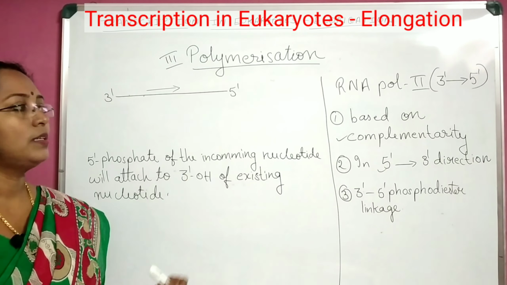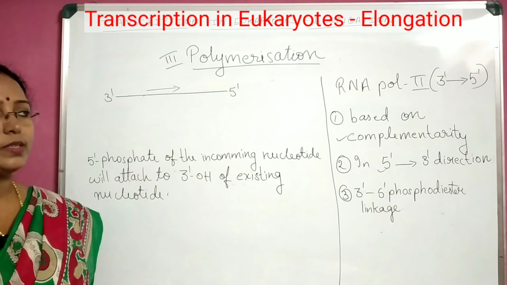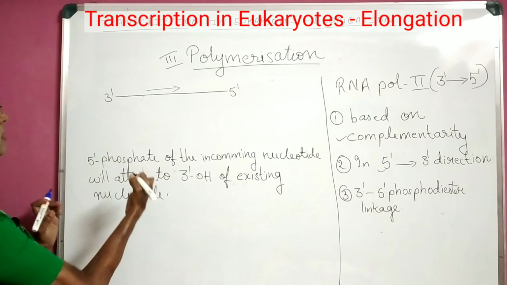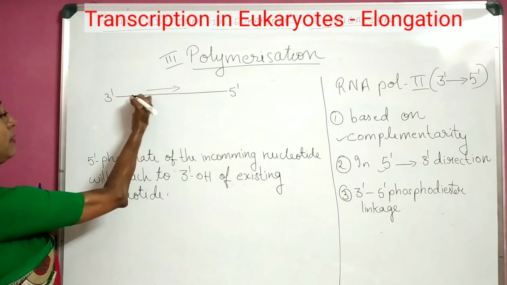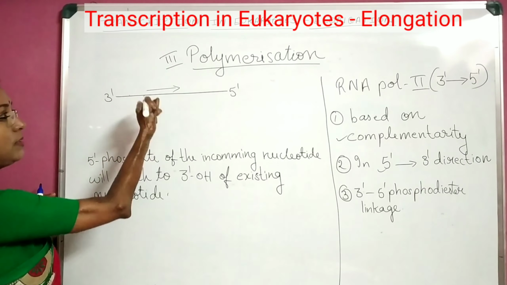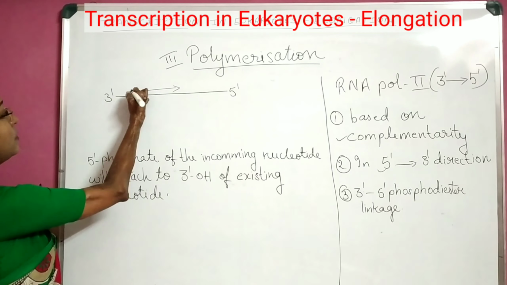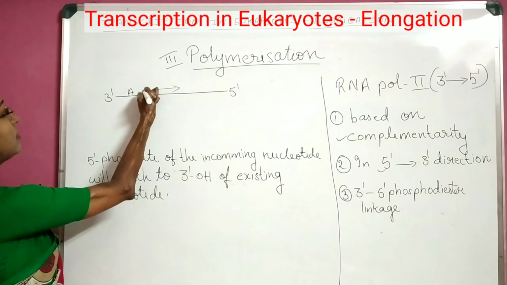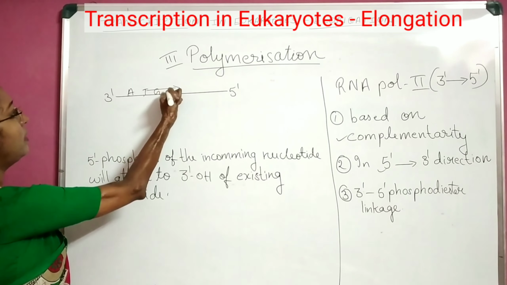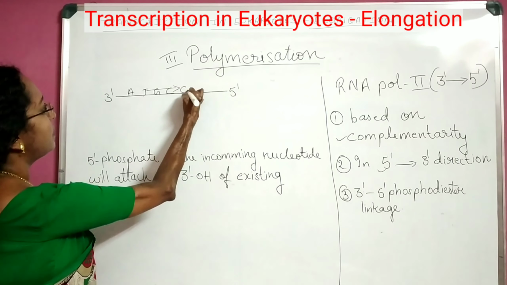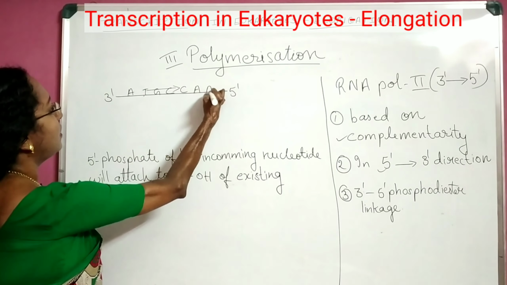These 2 points you have to keep in mind. Very simple points. So first thing, it is complementary to the template strand. So let me make you understand by drawing the bases here. Suppose imagine in the DNA you have the bases adenine, thymine, guanine, cytosine, again cytosine, adenine, adenine, thymine.